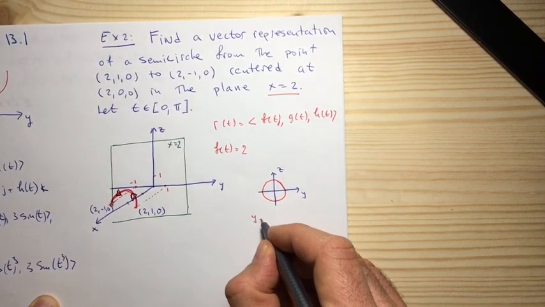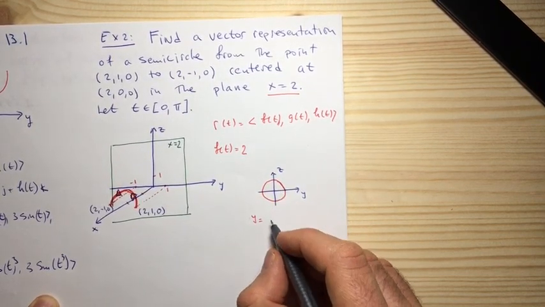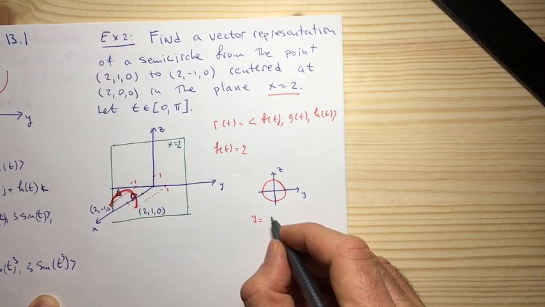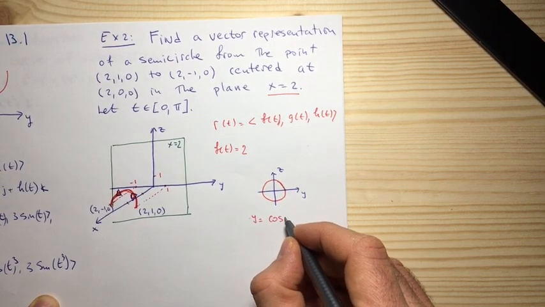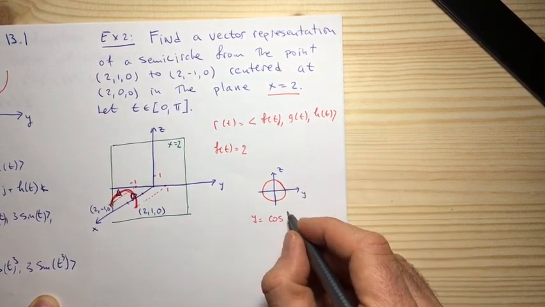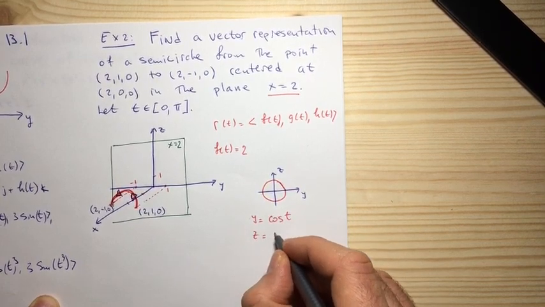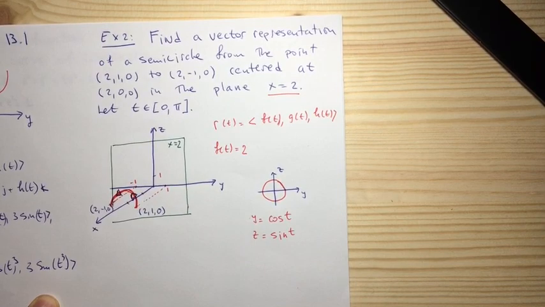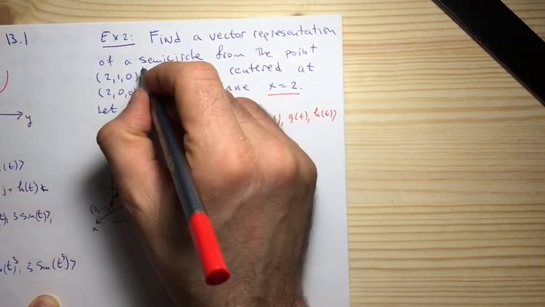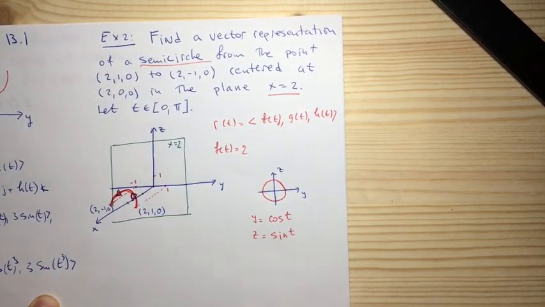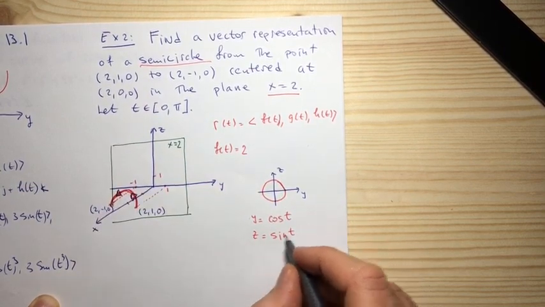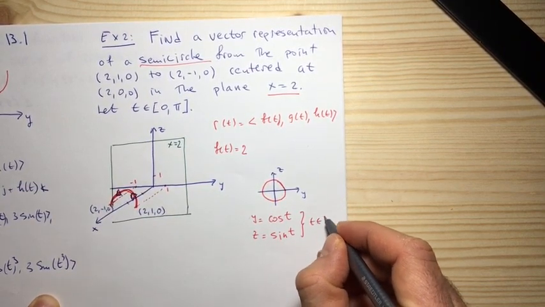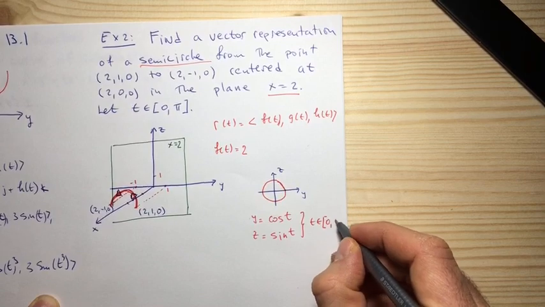So y is equal to cosine theta, or in this particular case t, and z is equal to sine of t. Because we're talking about a semicircle, t will just run from 0 to pi.